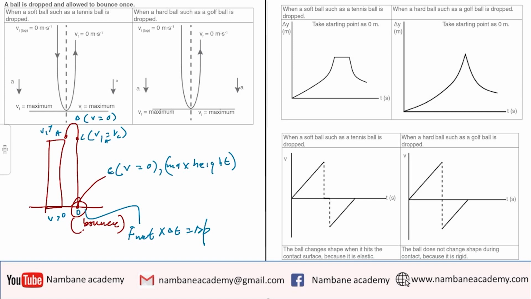I am going to have V at D, V at E, and also the force at which it is applied on the ground. I can also maybe ask what is the t there after it has hit the ground. Can you see that now the concepts of momentum are actually coming into existence when we work with a bouncing ball?